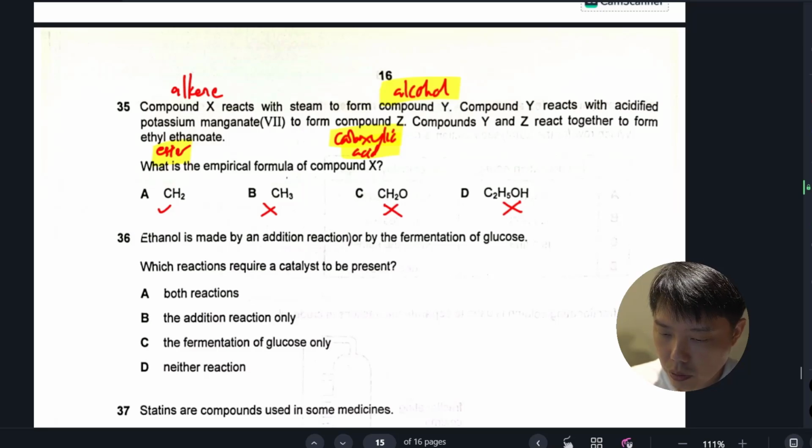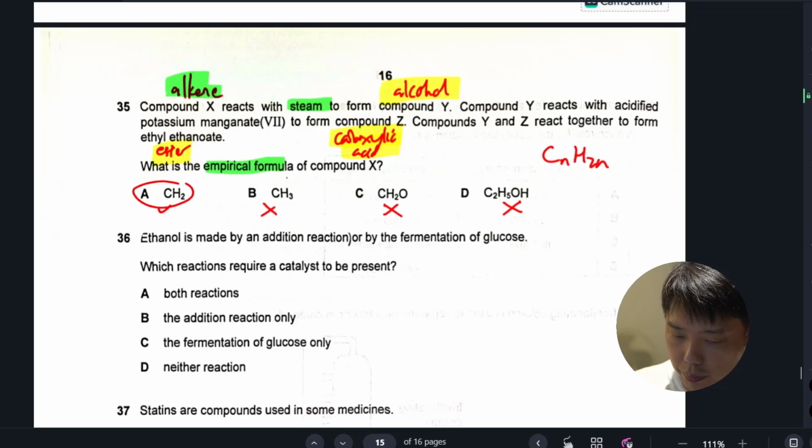So working backwards from here, what reacts with steam to form alcohol is your alkenes, C double bond C. They are asking what is the empirical formula of compound X, which is the alkene. As you know, alkenes have a formula of CnH2n. So the only option that's available is A.